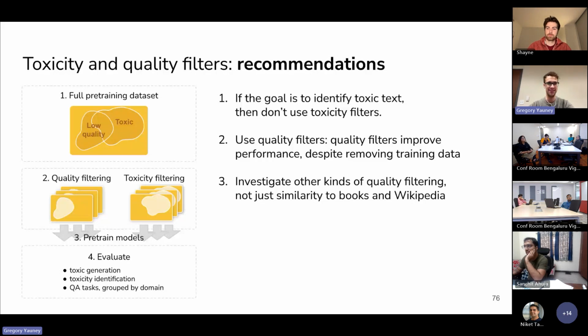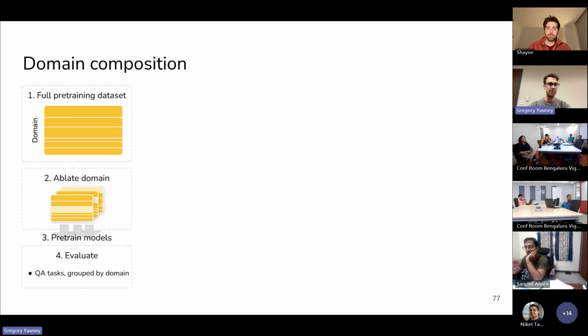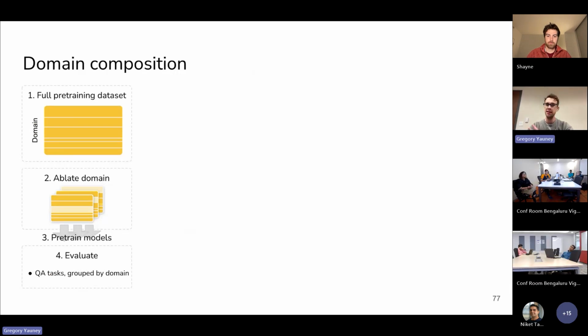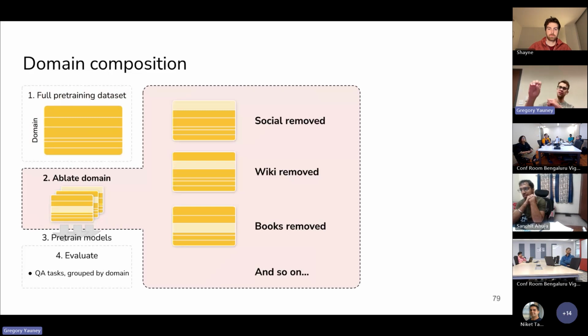All right, so I'll give you a taste of domain composition because we're starting to run up against time. In this one, we're going to use the Pile. And the baseline, of course, is when you just train on all the data. And then we're going to ablate domains one at a time. We're going to remove data that's from social media. We're going to remove Wikipedia data.